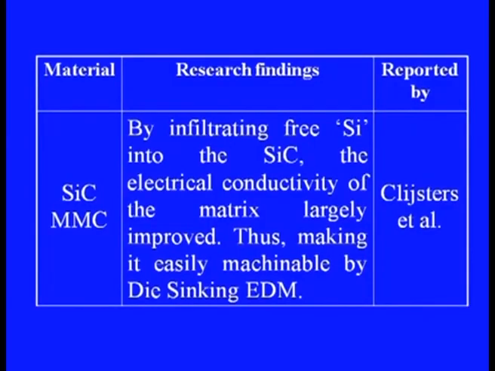By infiltrating free silicon into the silicon carbide, the electrical conductivity of the matrix largely improved, and therefore, the machining performance became better, and this made the material easily machinable by die sinking EDM.